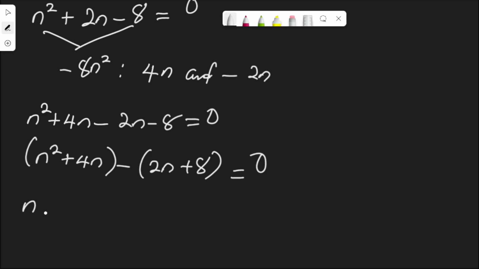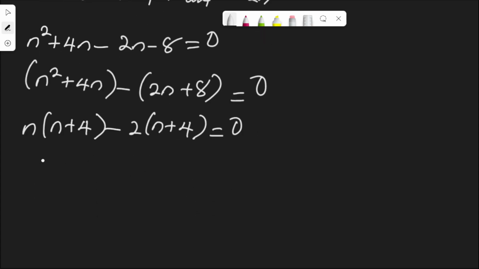Here n is common, n plus 4, minus, here 2 is common, n plus 4 equal to 0. We have a common factor n plus 4. We group this and this together: n minus 2 equal to 0.